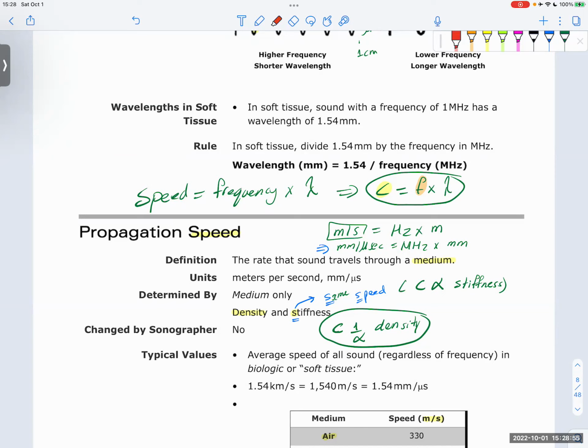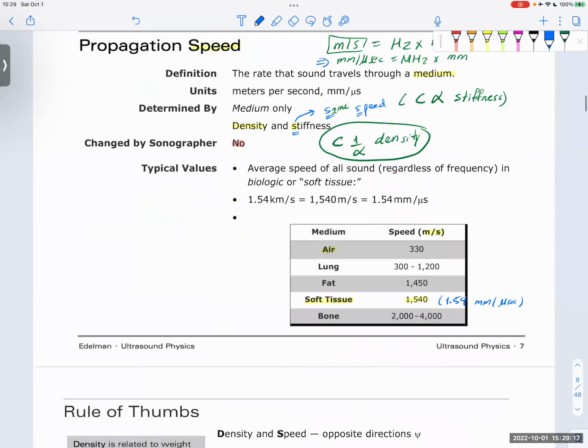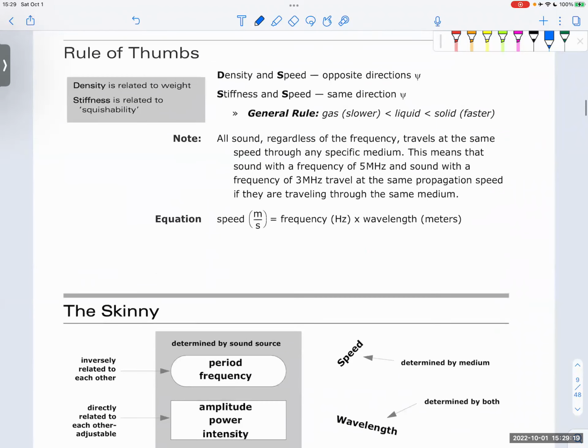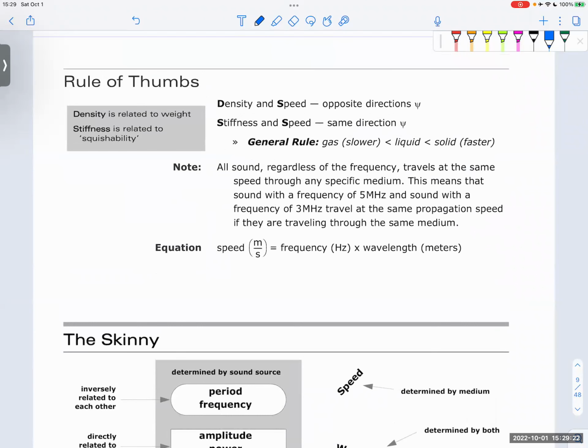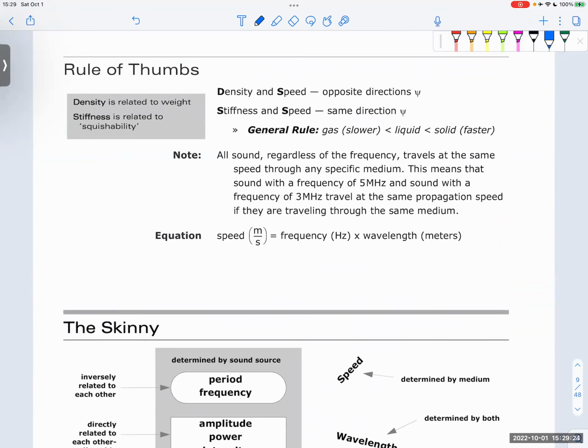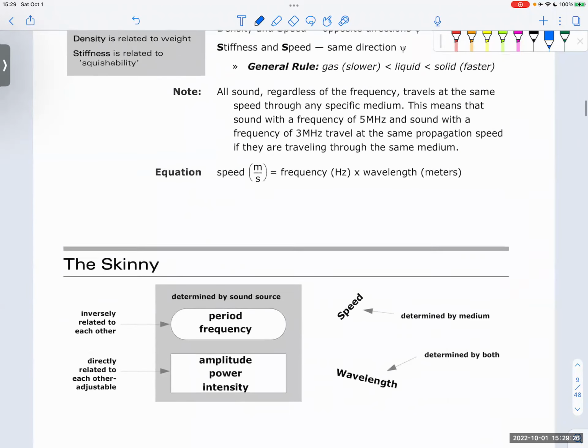Again, the explanation goes back to that equation: the medium determines the propagation speed, and the ultrasound probe itself determines the frequency. Since it's an equation, the wavelength is directly related to the propagation speed and inversely related to the frequency. We discussed the role of density, stiffness, and speed, and how that affects the propagation speed.